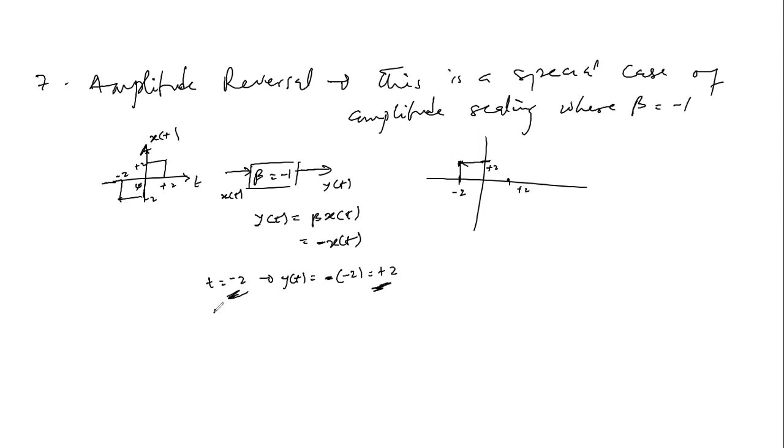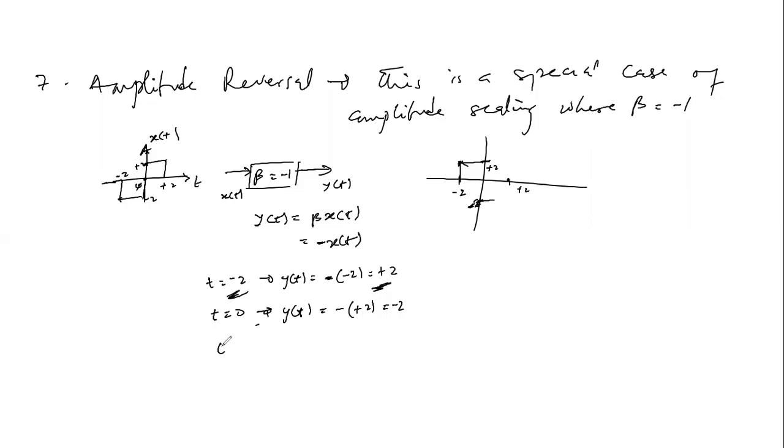So at t equal to 0, the amplitude becomes positive 2. So y of t is the same as minus 1, which is beta, times positive 2, which is minus 2. So at 0, this becomes negative 2. So we can have the signal all the way to negative 2.